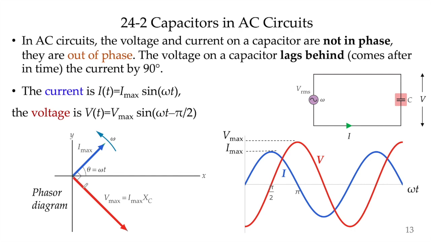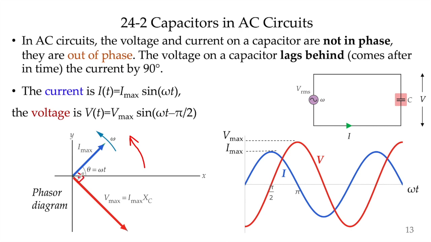Behind means with respect to the counterclockwise rotation direction. So the blue one is in front now, the yellow one is behind it, because both of them are rotating counterclockwise while keeping the 90 degrees between them.